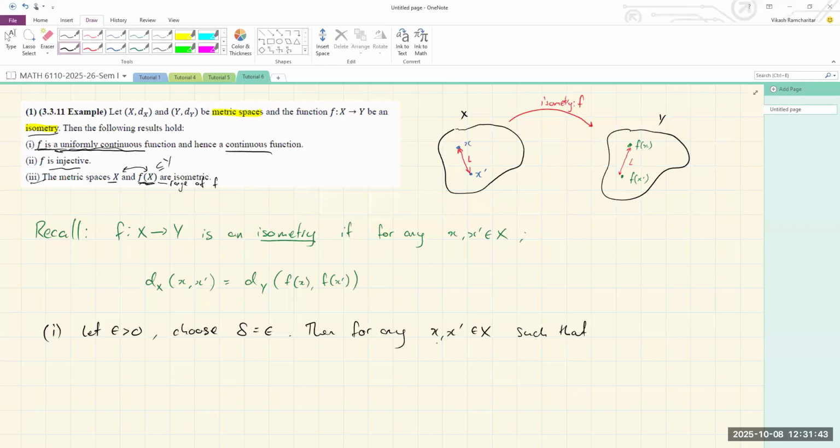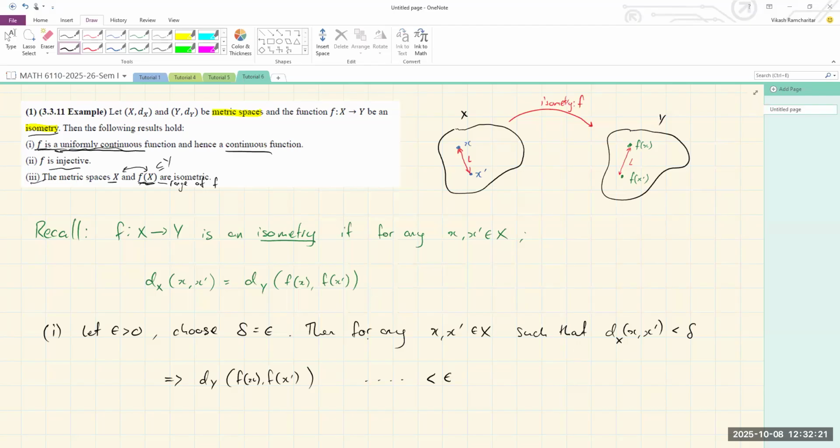Uniform continuity means if you take any two points in the domain such that the distance between these two points, and we're in X, so we're using the metric in X, is less than delta, then I need to show that the distance of f of x and f of x prime is somehow less than epsilon.